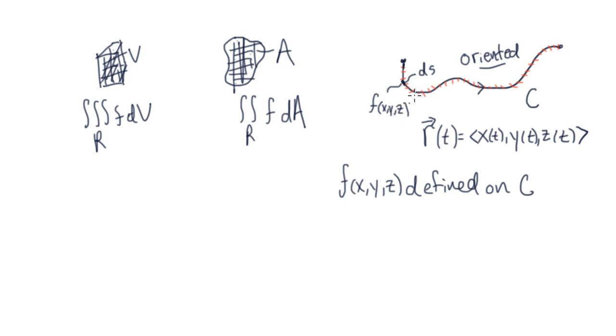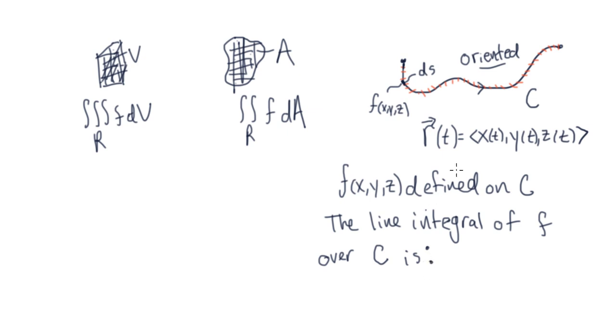So we can take the function and multiply by the little piece of the curve, ds, the length element, and then we can add all of those up. So the line integral of this function f over the curve C is as follows.